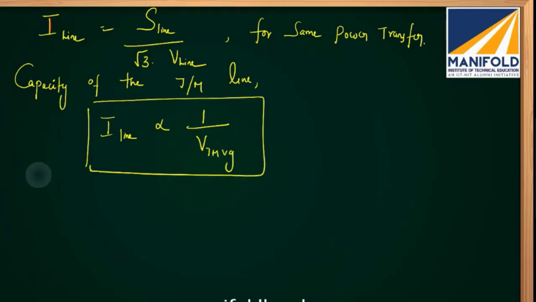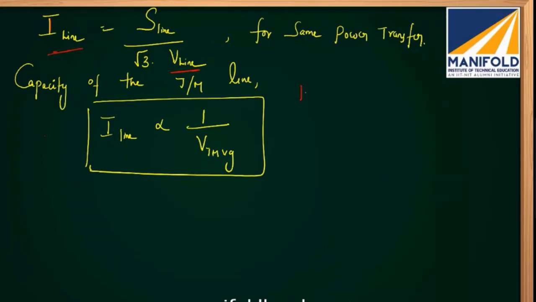You can clearly see that the current flowing through the transmission line is inversely proportional to the transmission line voltage. So by increasing the transmission voltage, the transmission current is reduced. Once the transmission current is reduced, what happens? The size of the transmission conductor reduces. The area of cross section of the transmission conductor reduces, which in turn leads to saving of the conductor material.